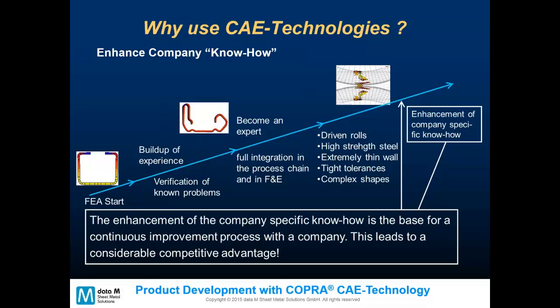We can think about extremely thin wall profiles when we think about those high strength steel materials. And the tight tolerances, which are quite often now associated with rolled products. More often than not, we're now seeing shapes which would previously have been extruded being roll formed, and being held to such tight tolerances previously only experienced in extrusion.